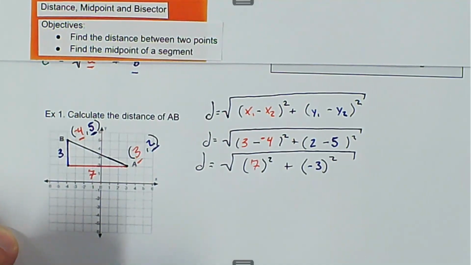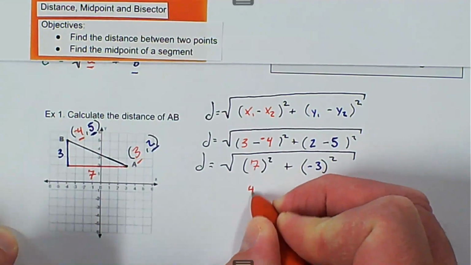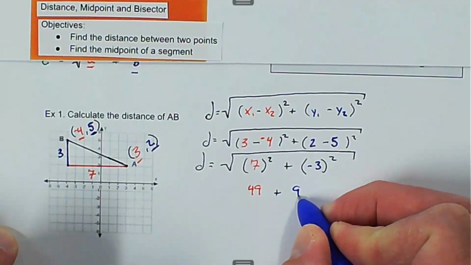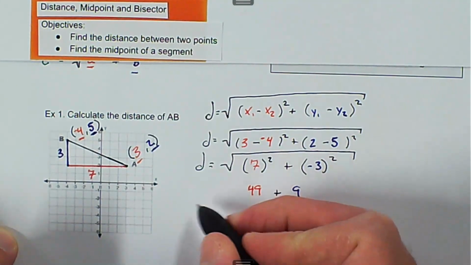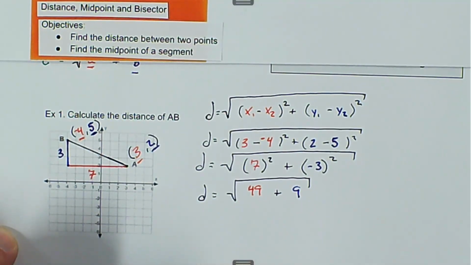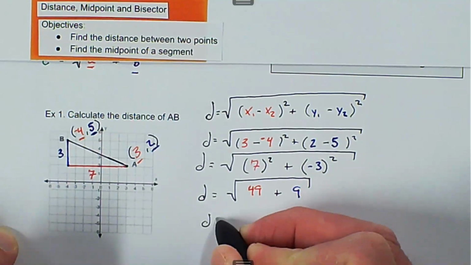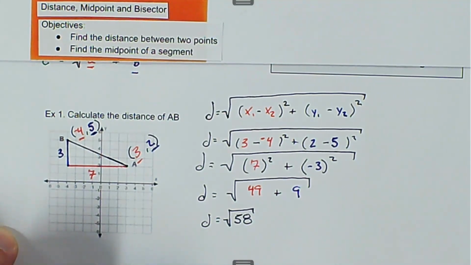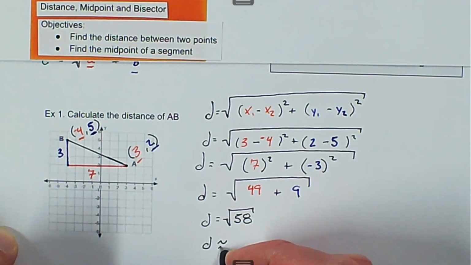So the value of 7 squared is 49, plus negative 3 squared is positive 9. And we're still calculating the distance formula, and that's going to be square rooted. And then we have 49 plus 9, which is 58. So the distance is equal to the square root of 58. And if we plug that in our calculator, the distance is approximately equal to 7.6.